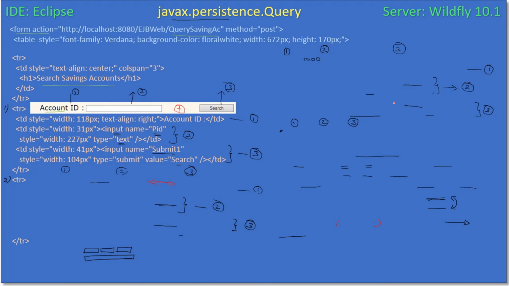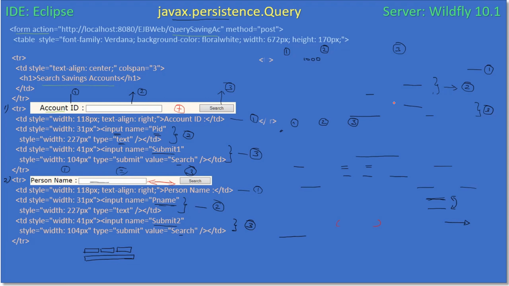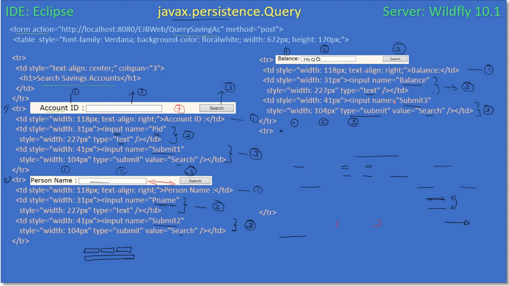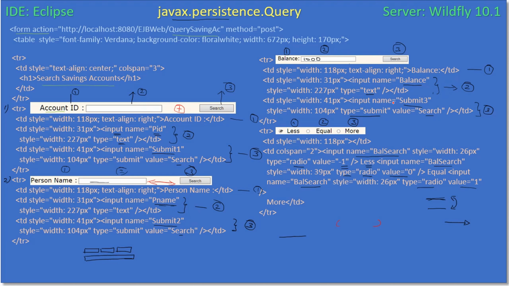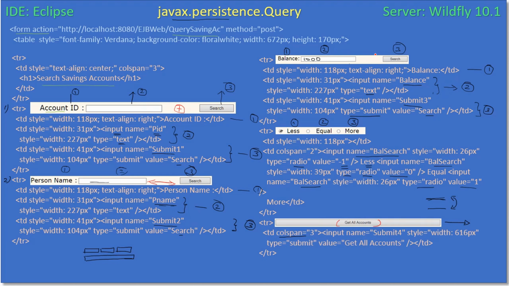And in the next video we created a HTML form to perform various search operation. And in this video now we are going to implement the search option based on the balance.